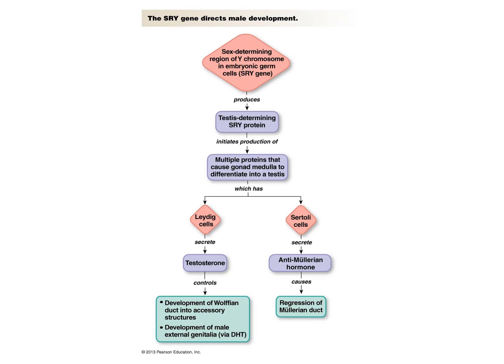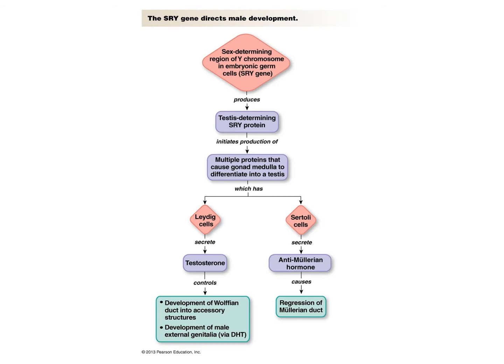So this is essentially the pathway in which the SRY gene directs male development. Exactly as I said, it stimulates the production of testosterone and also the anti-Mullerian hormone.